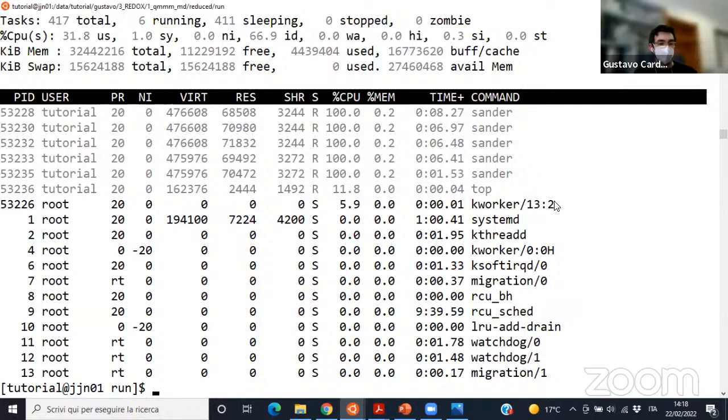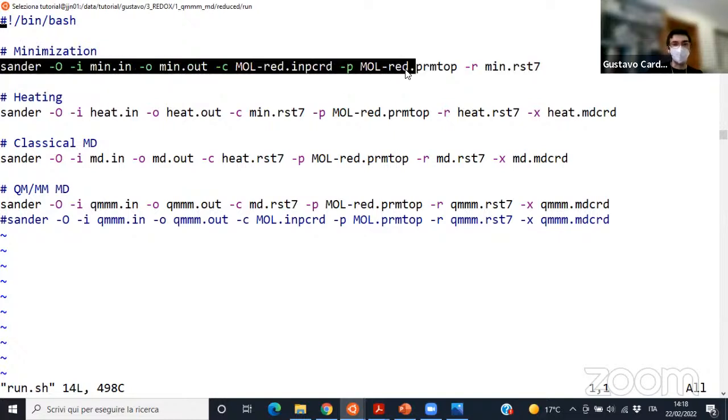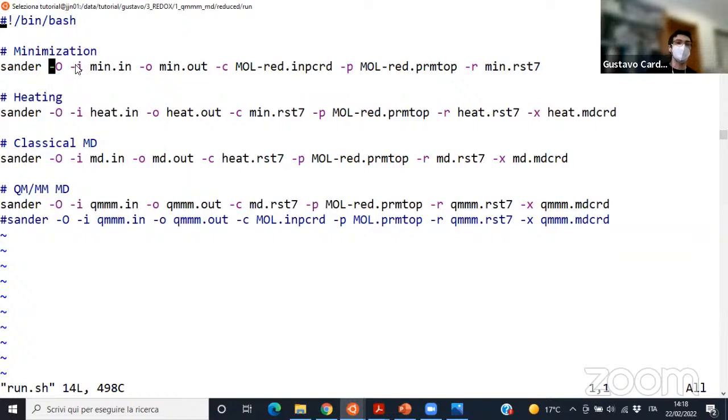Okay, so what are the contents of this run.sh? As you can see, it has the minimization command. It's taking the minim.in. By this time, this should already be familiar for those of you who have followed from the very beginning. If not, we are sequentially executing each of these tasks here.